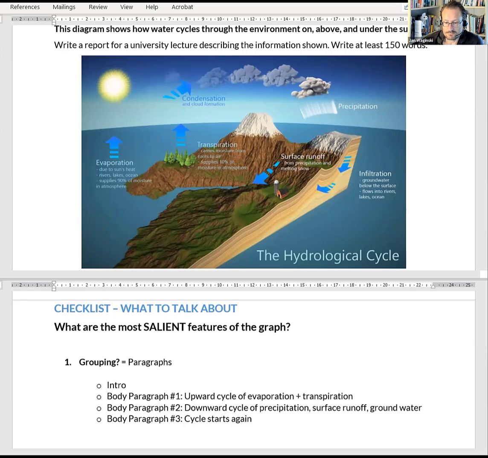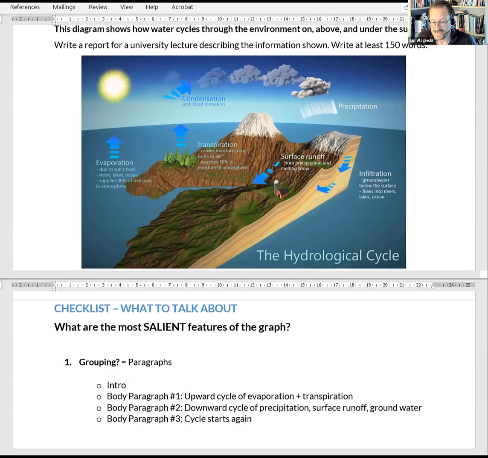So what would be a logical way to group this information? Because remember, you want to group this kind of diagram into stages rather than saying 1, 2, 3, 4, 5, 6. And each one of those stages is going to be one of our body paragraphs. So what makes sense here in terms of grouping?